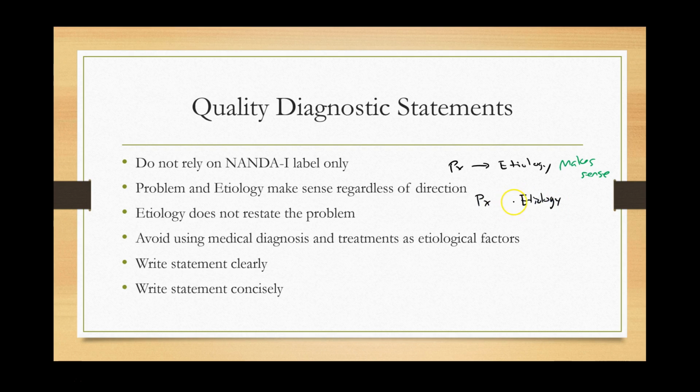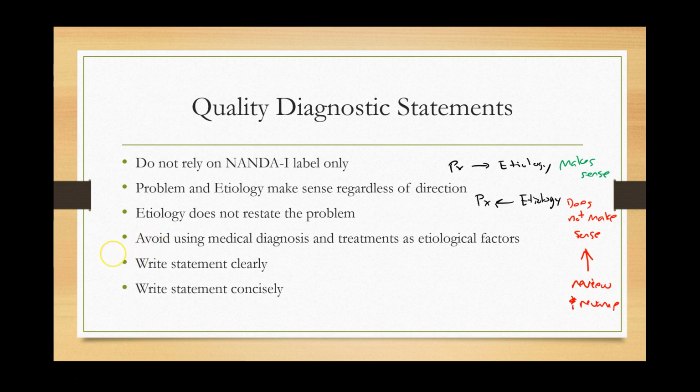So now you need to read your etiology and then your problem. There's one of two choices: either A, it makes sense, or B, it does not make sense. In that case, you need to go back, review, and revamp until it does make sense, going from etiology to problem.